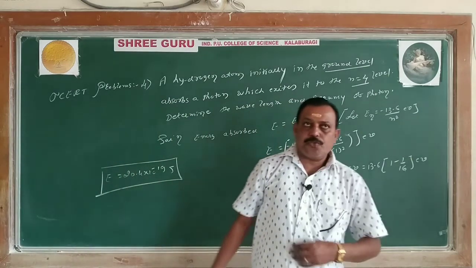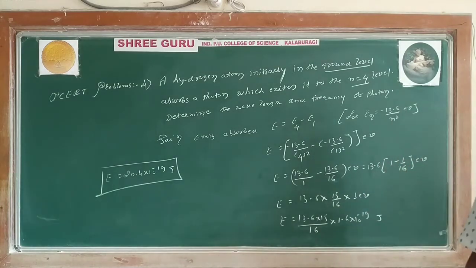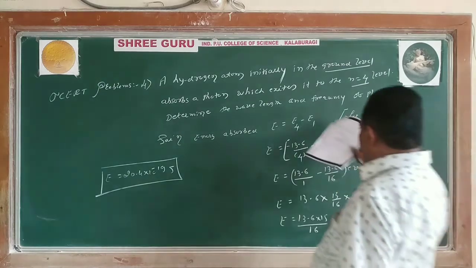E equals h nu, nu equals E by h. Then C equals nu lambda, lambda equals C by nu कर सकते हैं. अब एनर्जी कैलकुलेट करेंगे. सही है? एक बार पूरा देख लो.